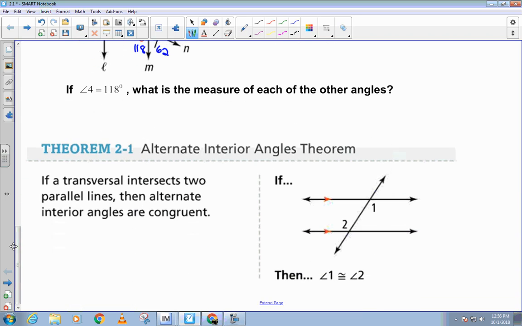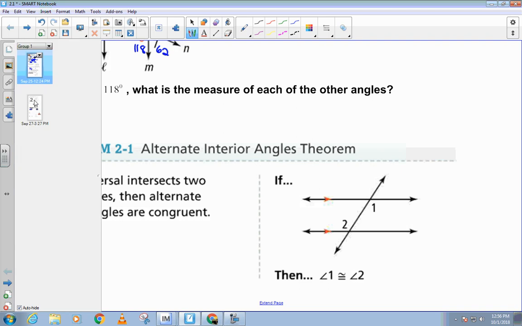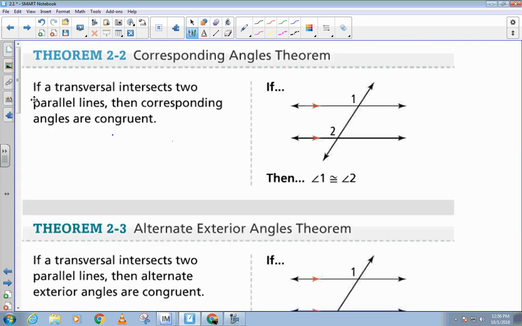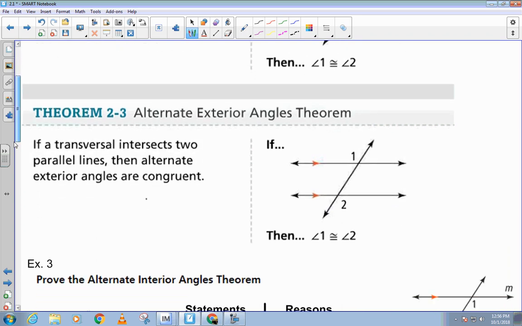The alternate interior angles theorem says that if parallel lines are cut by a transversal, all alternate interior angles are congruent to each other. If we have corresponding angles, with parallel lines cut by a transversal, they are congruent to each other. And likewise with the alternate exterior angles: if you've got parallel lines cut by a transversal, then your alternate exterior angles are congruent to each other.